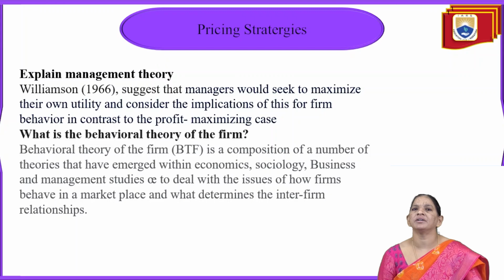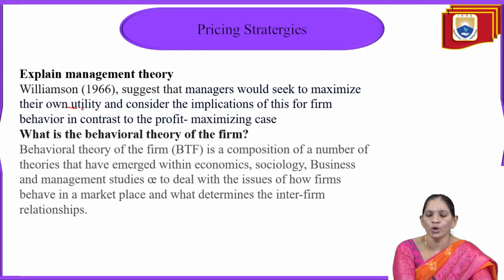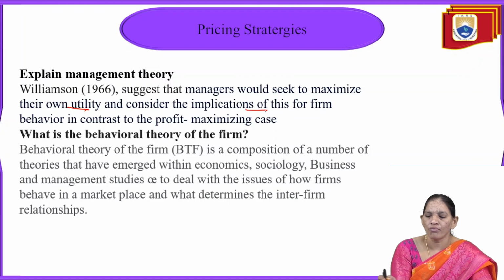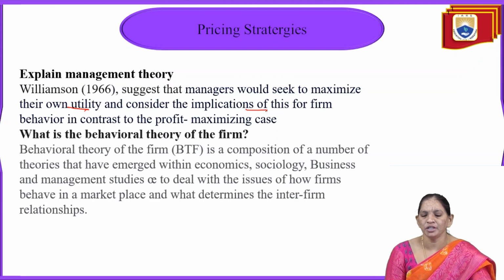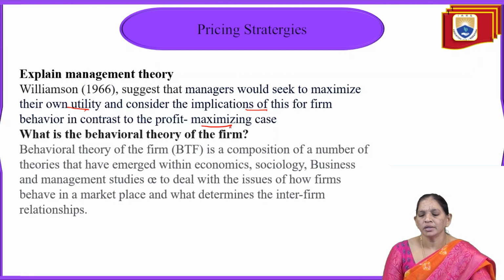Explain management theory. The management theory was propounded by Williamson in 1966. It suggested that managers would seek to maximize their own utility and consider the implications of firm behavior, in contrast to the profit maximization case.